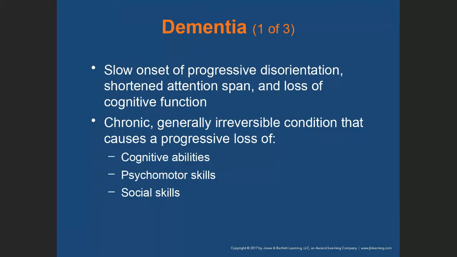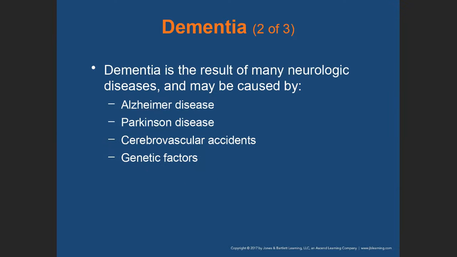It is chronic, generally irreversible, and a condition that can cause a progressive loss of cognitive abilities, psychomotor skills, and social skills. Dementia is the result of many neurologic diseases, and it may be caused by Alzheimer's disease, Parkinson's disease, cerebrovascular accident, and genetic factors.